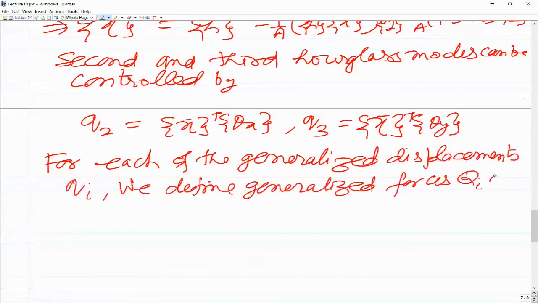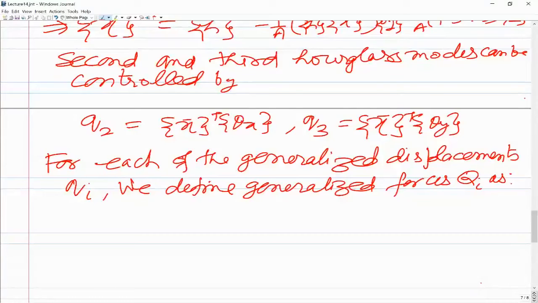capital Qi. Sir, what is the physical representation of this generalized displacement? Yes, this is in a way representing the hourglass deformations. For each of these we have a scalar quantity.